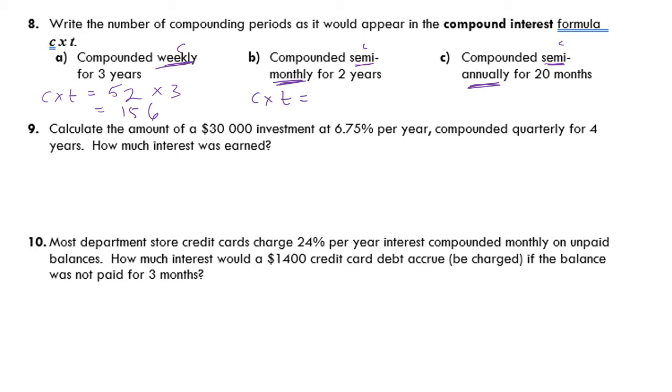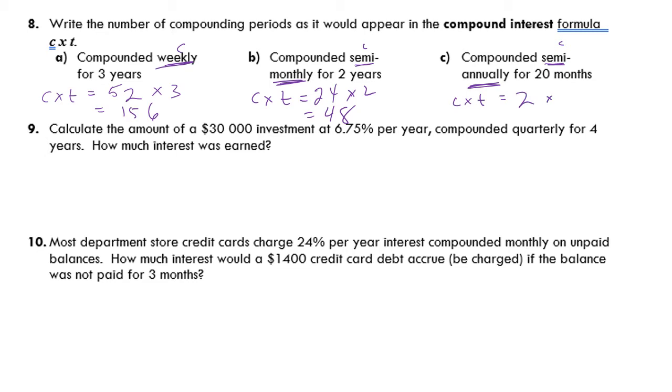Semi-monthly, so our semi-monthly is every half month, which there's 24 of those, times 2, using our calculator, 48. Semi-annually, that's twice per year.